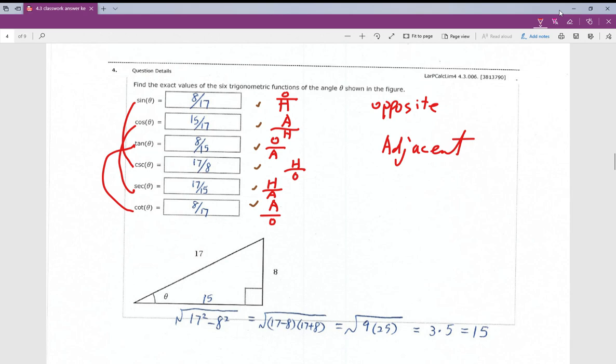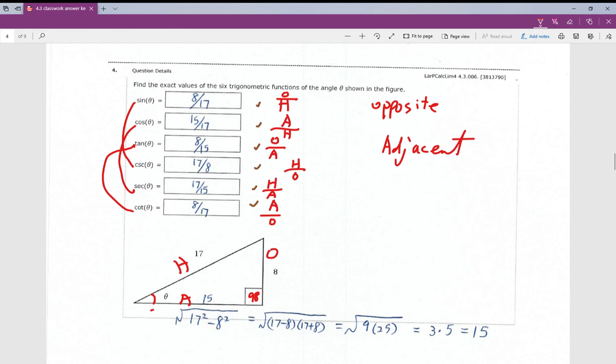So if the reference angle is theta, then this is opposite, this is adjacent, and this is hypotenuse. Because this is a 90 degree angle, we follow the Pythagorean theorem.